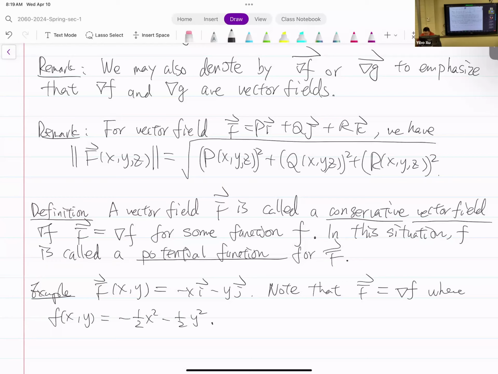So of course, if you do the partial derivative with respect to x, you will only get negative x. Okay, so we just have two monomial terms. And then if you're doing the partial derivative with respect to y, we just get negative y. So exactly. So this little f is the potential function of F, and F is a conservative vector field.